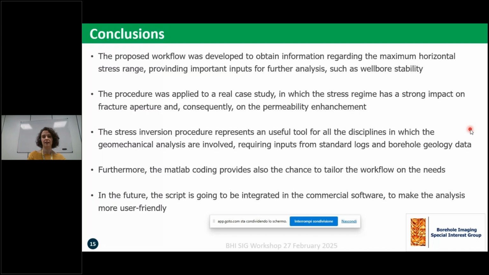Furthermore, the fact that the MATLAB coding was developed internally is easy to manage in case of changes, and we can tailor the workflow to our needs. We are planning in the future to integrate this script in a commercial software to make it more user-friendly, and then to continue the analysis on the real case study on other wells.